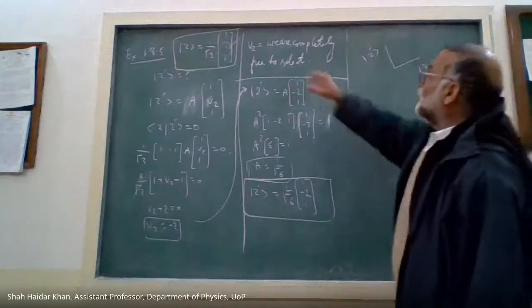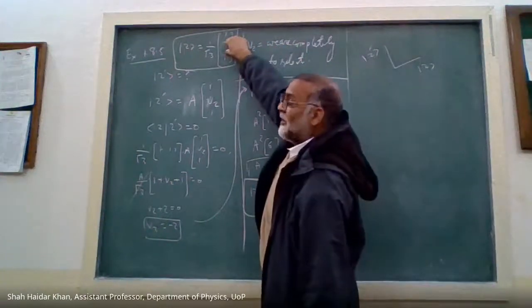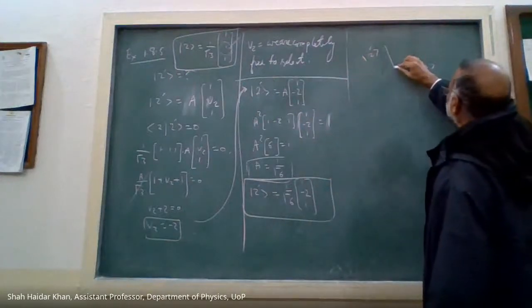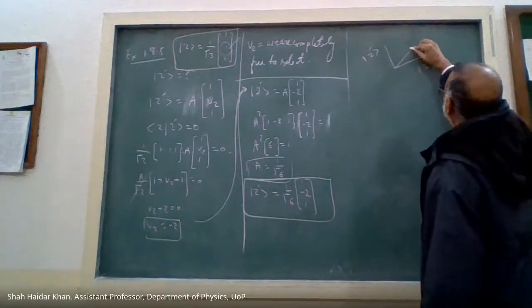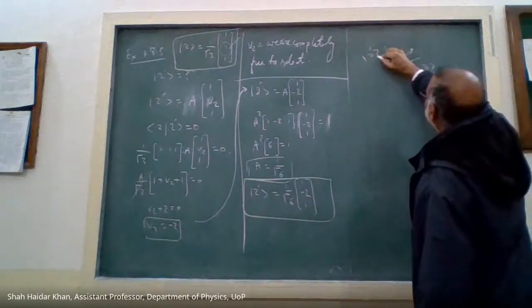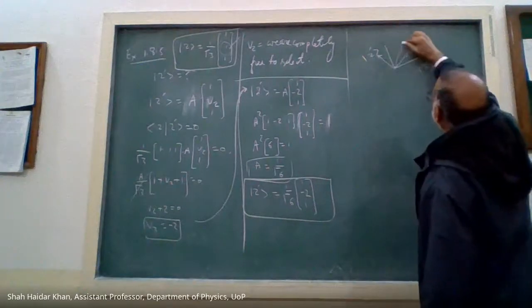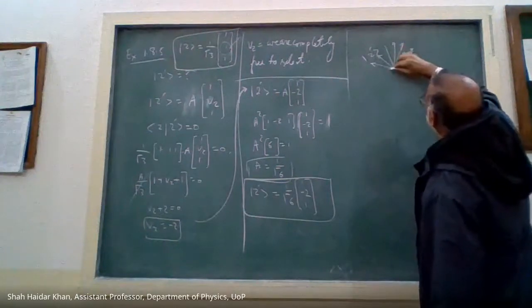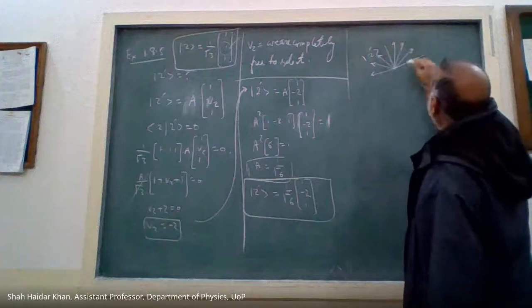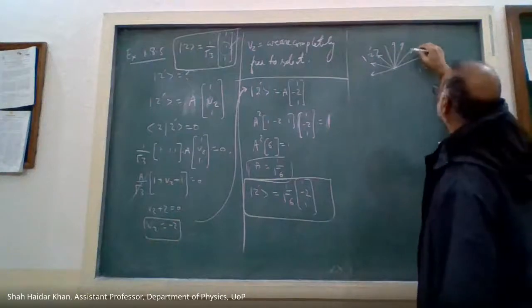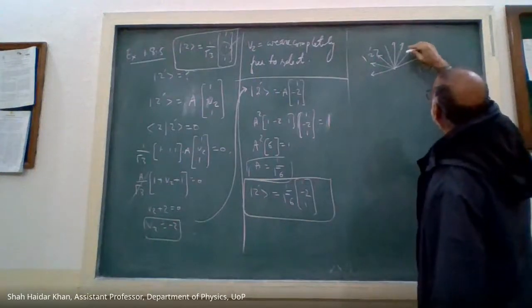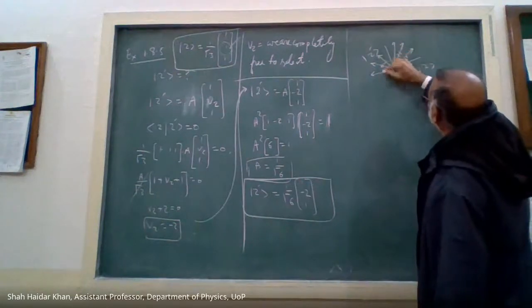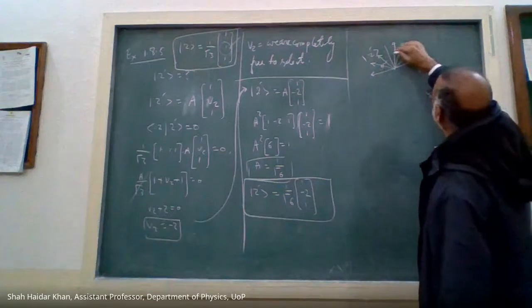Now, to give this another number will be like a rotation of the frame. So you can have another basis like this. You can have another basis like this. You can have another basis like this. All are perpendicular. This is perpendicular to this, this is perpendicular to this.